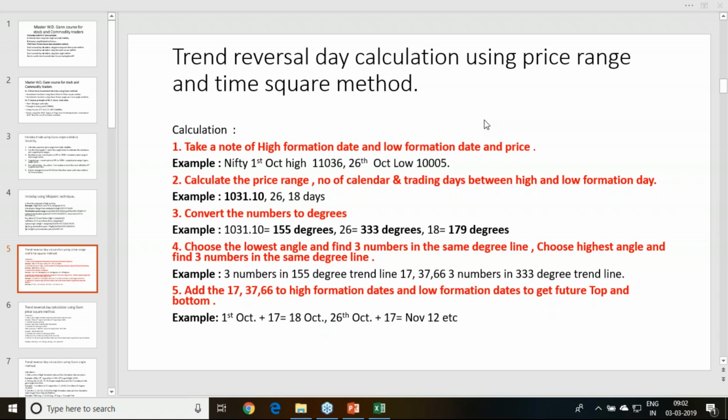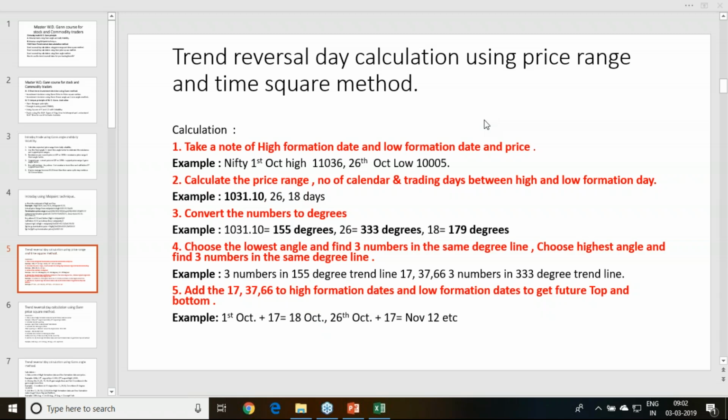Here we analyzed by taking the price range of the past month: which day the high has formed, which day the low has formed, what the calendar days are between them, and how many trading days are there between the high formation and low formation day. We converted everything to degrees.